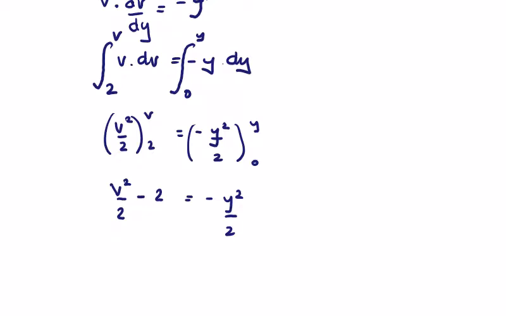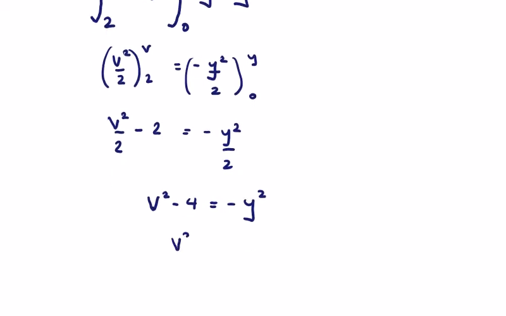We'll multiply everything by 2 first. I'm going to get v squared minus 4 is equal to minus y squared. So v squared is equal to minus y squared plus 4.